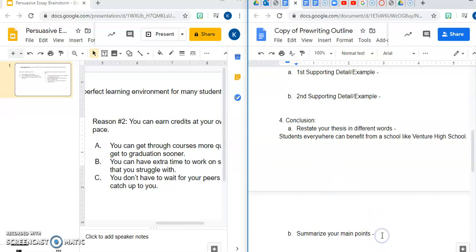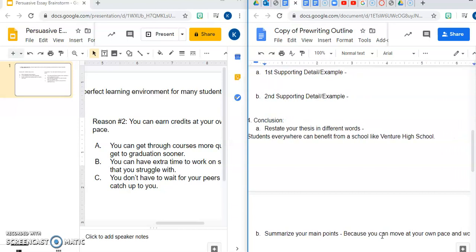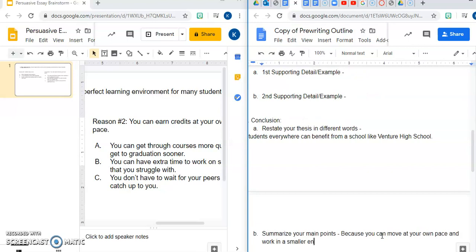Summarize your main points. My main points were because you can move at your own pace and work in a smaller environment. This school is ideal for many.